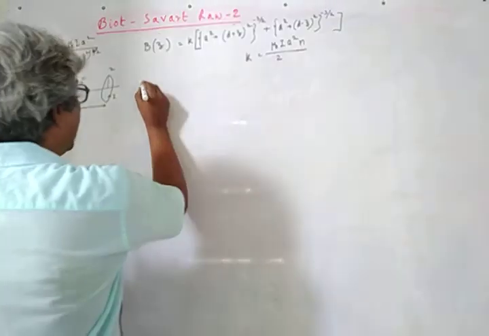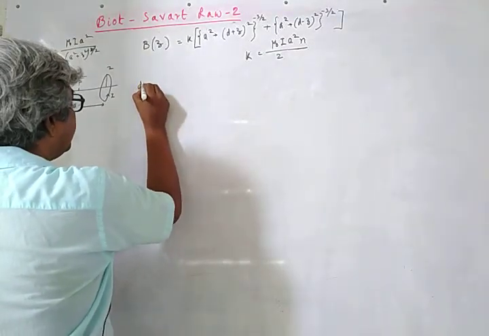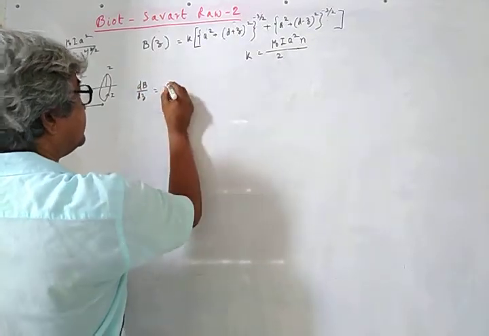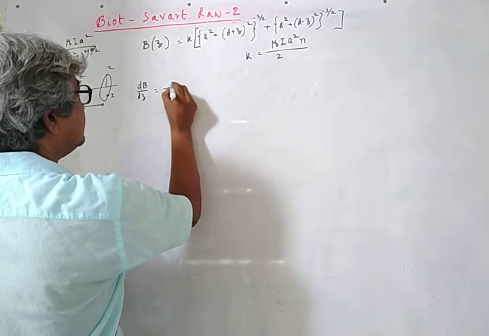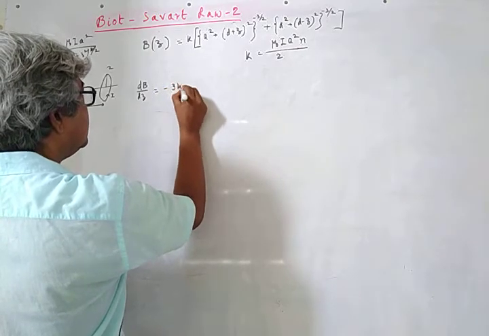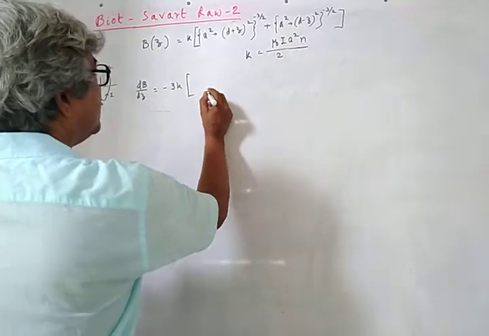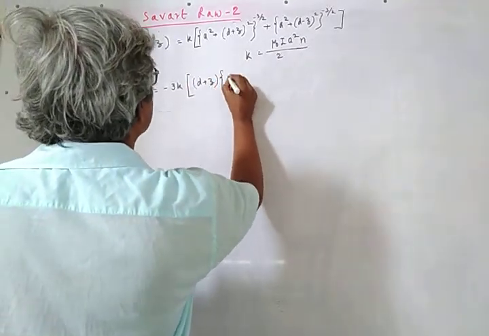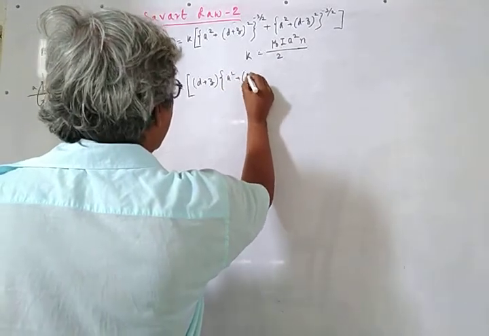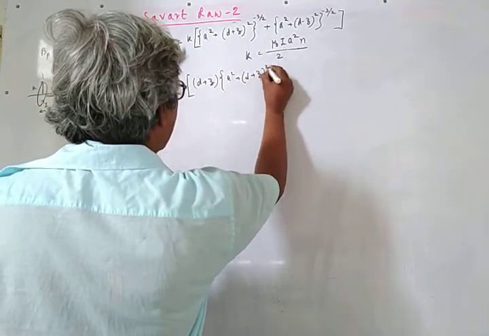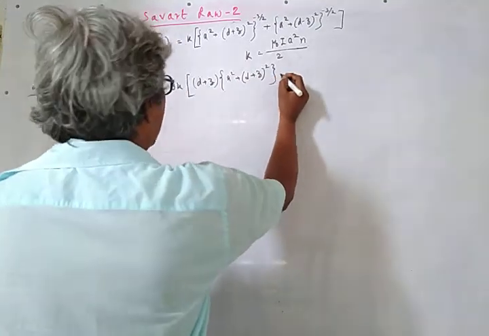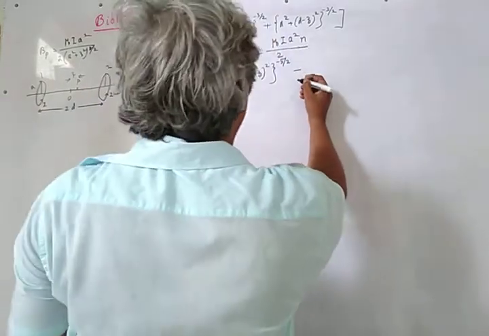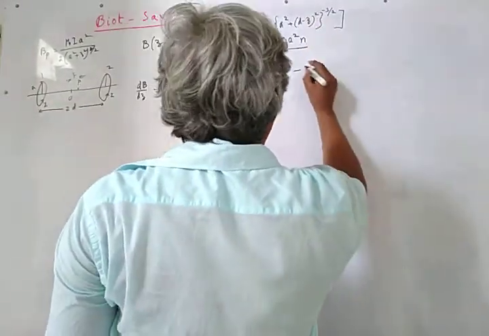So to this end we calculate dB/dz, which is, from this we will have d plus z to the power minus 5/2, and from there we will have minus sign because of this.